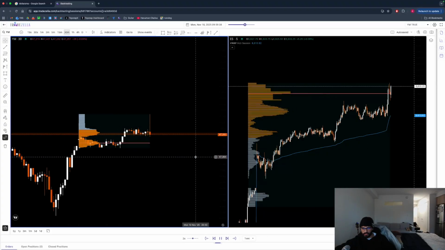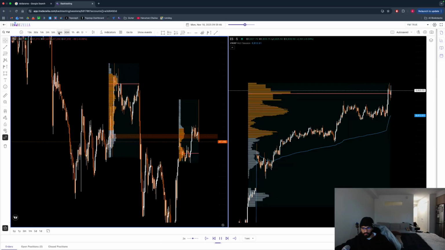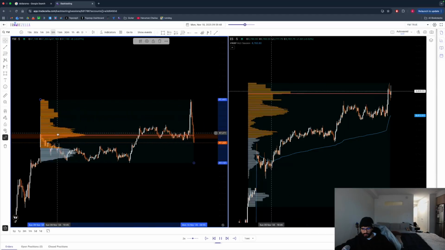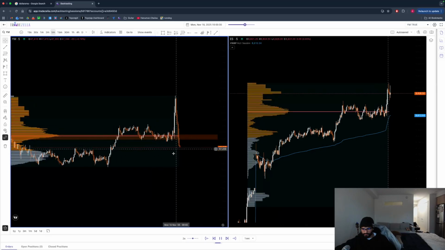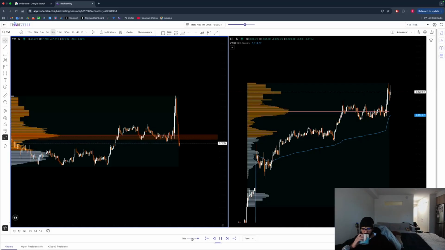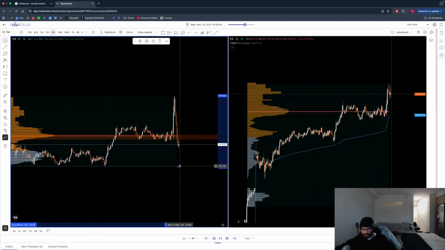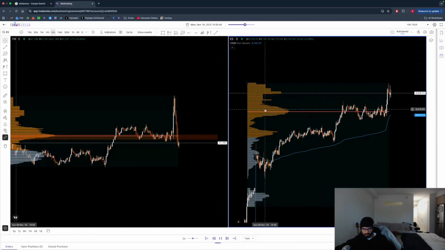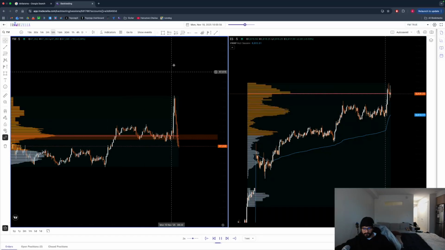Oh yeah, there's value down here. I'd be open to shorting this, especially after that. Wait, hold on. Let's play 10. All right. Oh, how are we gonna react here? We're in a consolidation station on ES.